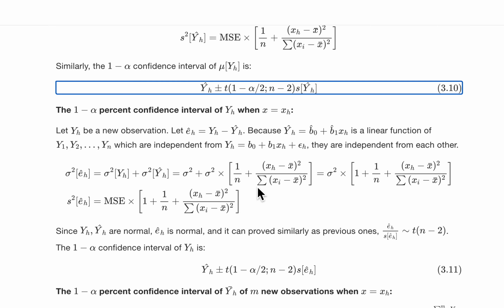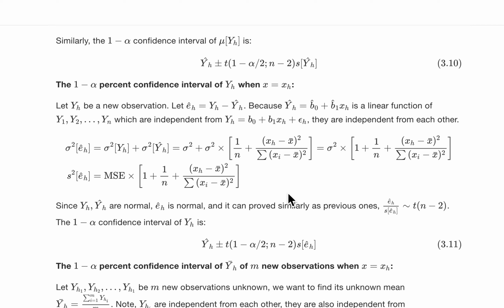We want to find a confidence interval of this new observation, let's say YH, when X is equal to XH. And the way we find it here is we also try to find a statistic that follows a certain distribution, and then find the confidence intervals there.